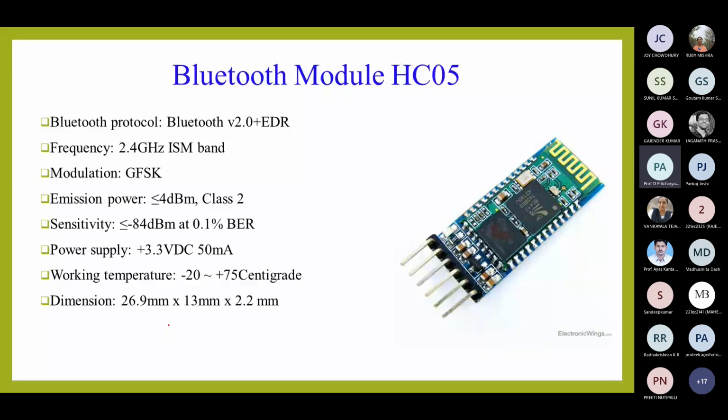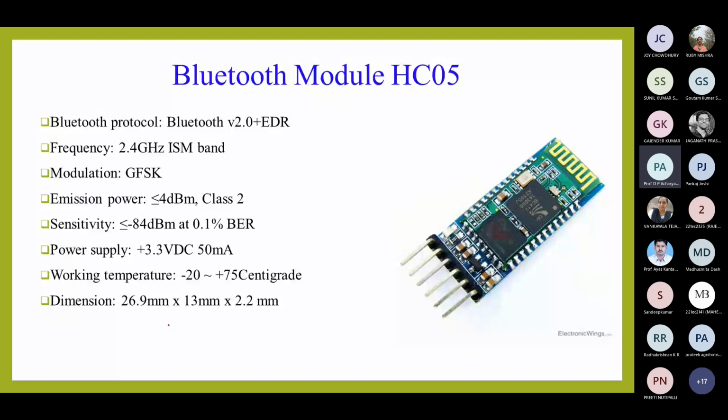Another Bluetooth module is there, the SC05. It's again Bluetooth version 2 with enhanced data rate, and we have the 2.4 gigahertz ISM band. I believe all of you know what is ISM band. It's used for scientific and medical purposes.